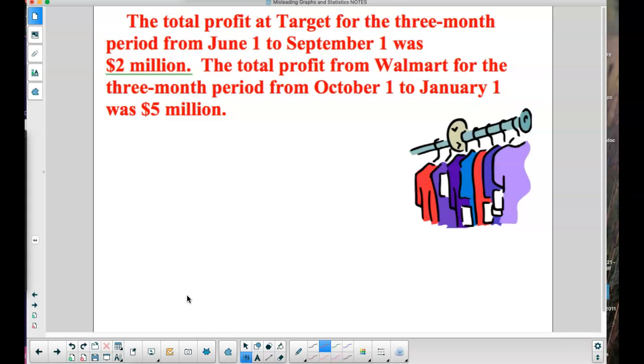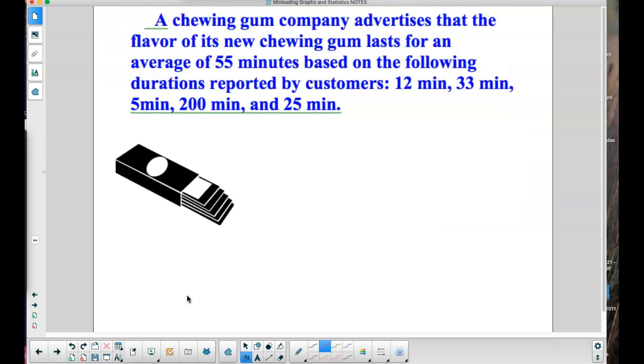Okay. Last one. A chewing gum company advertises that the flavor of its new chewing gum lasts for an average of 55 minutes based on the following durations reported by customers. Somebody chewed their gum for 12 minutes, 33 minutes, 5 minutes, 200 minutes, and 25 minutes. What's wrong with that data?